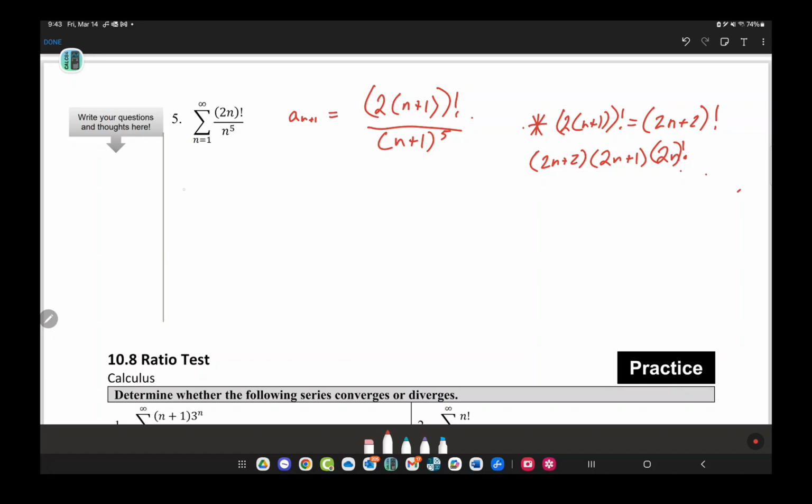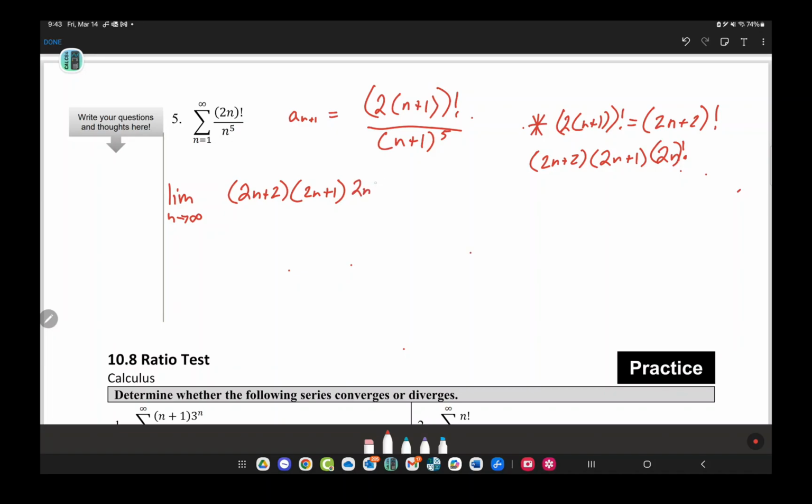So we have the limit as n goes to infinity. All right, we've already simplified this, so I'm going to go ahead and write it as a simplified version. Cross out the exclamation marks from the top and the bottom, if they both have the same factorial only. You can't just cross out exclamation marks. It has to be attached to a value.